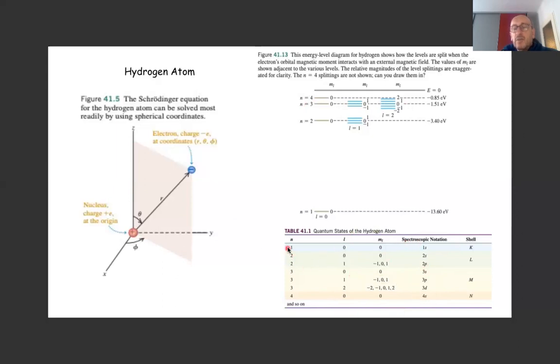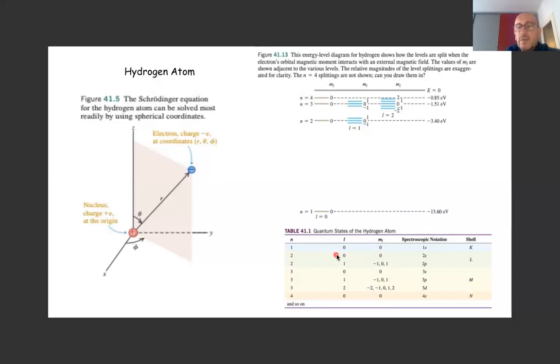For the ground state, which is this state over here, you can only have n equals 1, L equals 0, and there's no Z component of the angular momentum. You cannot have a Z component of the angular momentum if the total angular momentum is 0. So you only have the 1s state here. Then you go to the second energy level.